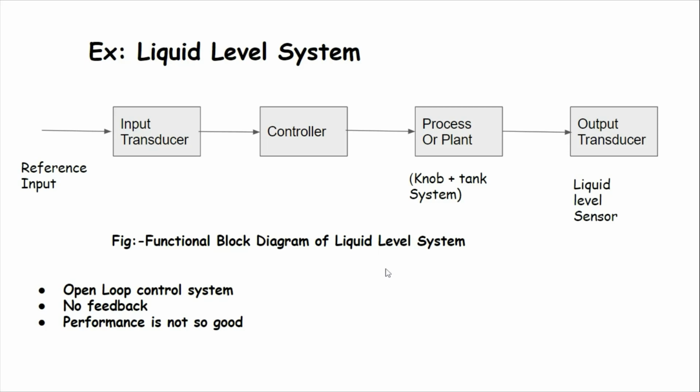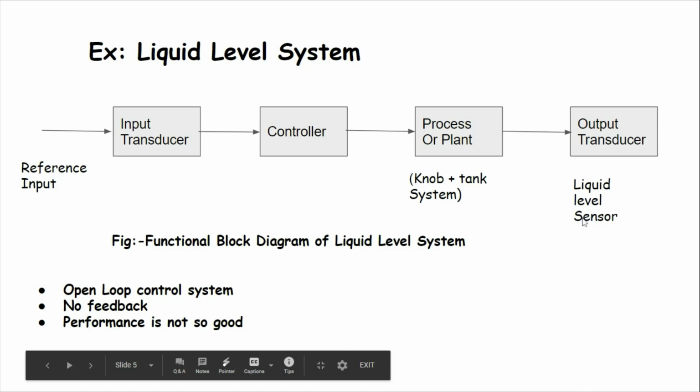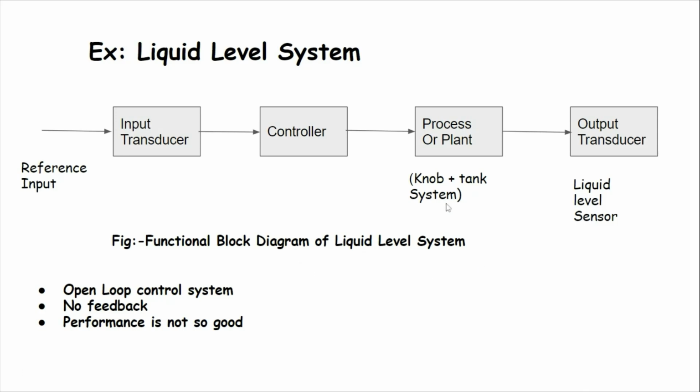So this is an example of open loop control system. It does not have any feedback and the performance is also not good. Why is it not good? Because we have seen that the reference input or the desired level was 5 and the actual output, the actual level of liquid in the tank, was 3.007.